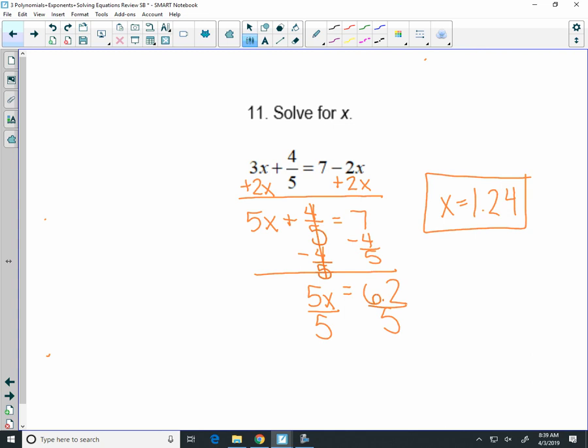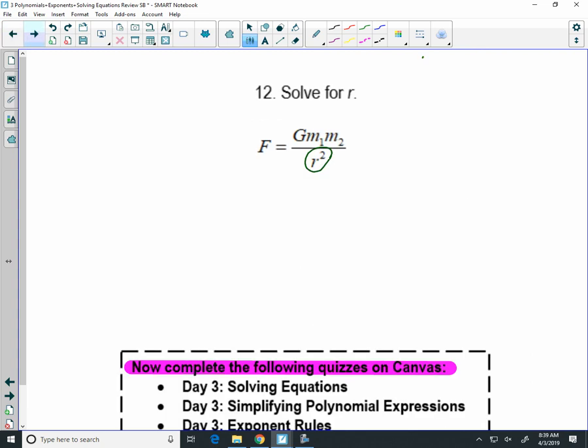You're going to want to multiply that r squared to the other side. You can't solve for it if it's in the denominator. So the first thing to do is get rid of the fraction. So we have r squared times f equals g times M1 and M2.